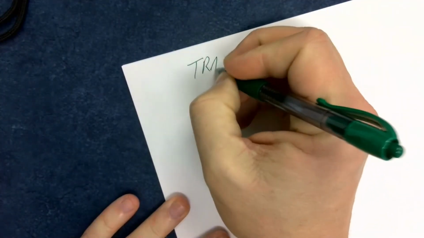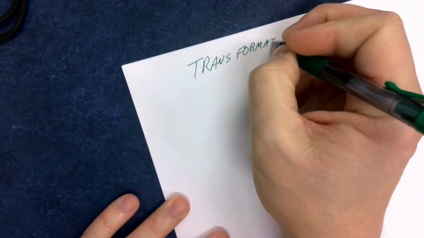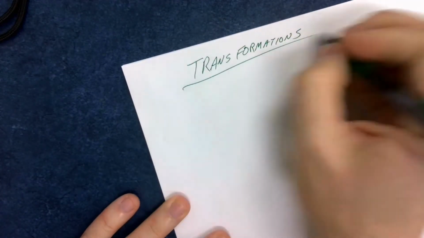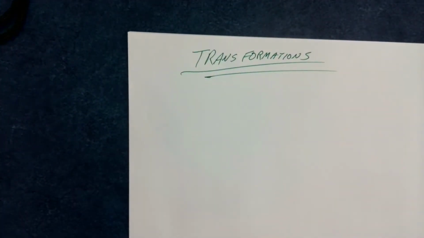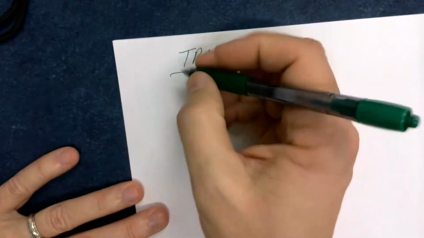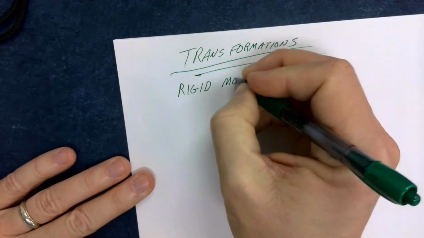So this, Mr. Bells, this is GOA test review for transformations. So what we're going to try and do right now is make sure that we know everything that we can about these things called transformations. And we'll start off with some basic stuff, and that's rigid motion ones.